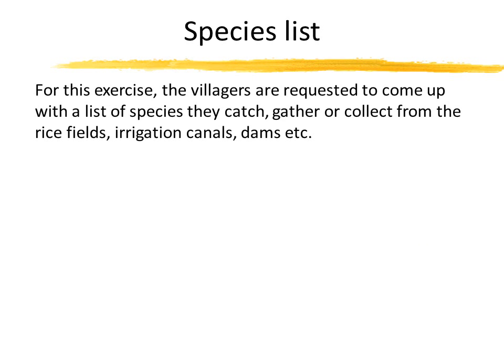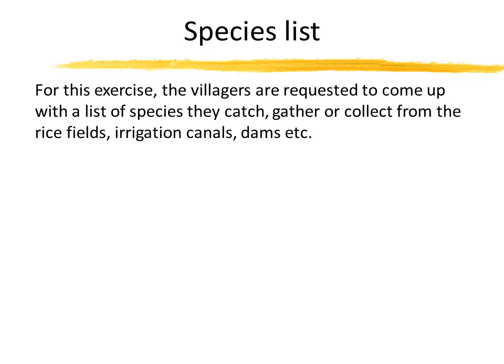During this exercise, the villagers are asked to create a list of species they get from the rice-based ecosystem. You may well divide the villagers into groups according to gender, men and women in different groups, or access rights, landowners and landless in different groups, to work out differences in the use and also in the knowledge on aquatic organisms.